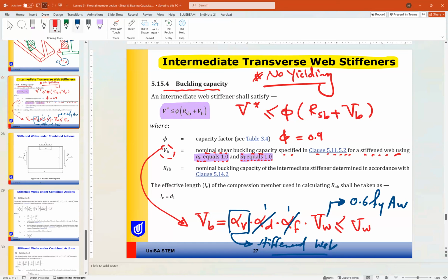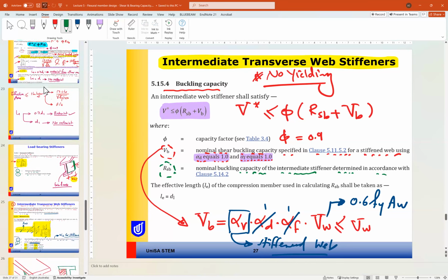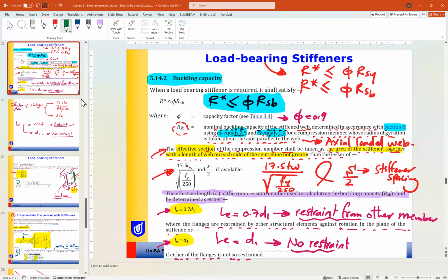And what about RSB? RSB is the nominal buckling capacity of the intermediate stiffener determined in accordance with 5.14.2. So if we go up a little bit here, here is the value of RSB.